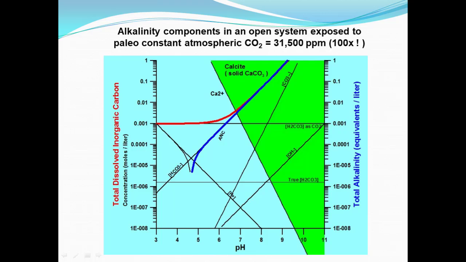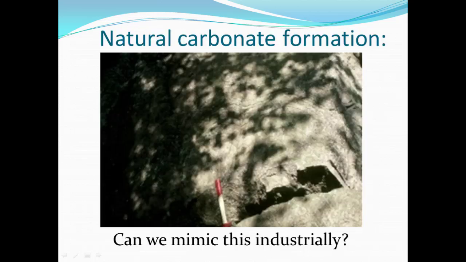So this is how the Earth got rid of the early CO2 levels. They were 100 times higher than they are today. That results then in the natural carbonate formation that I showed you before. Deposits of limestone around the world are deposits of carbon from the ancient atmosphere laid down on the ocean floor.